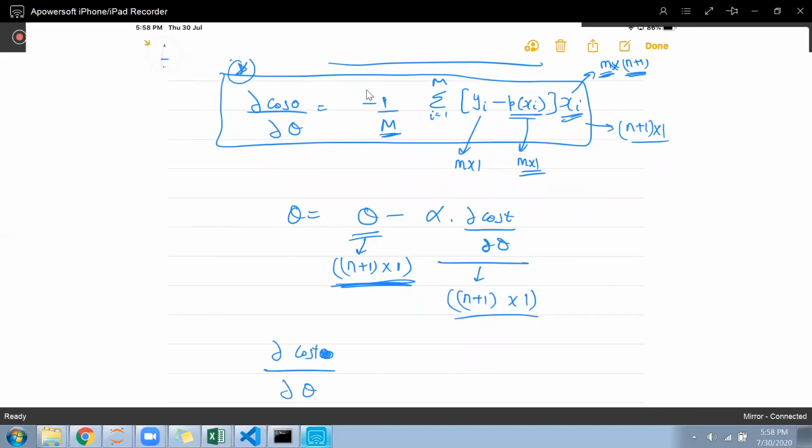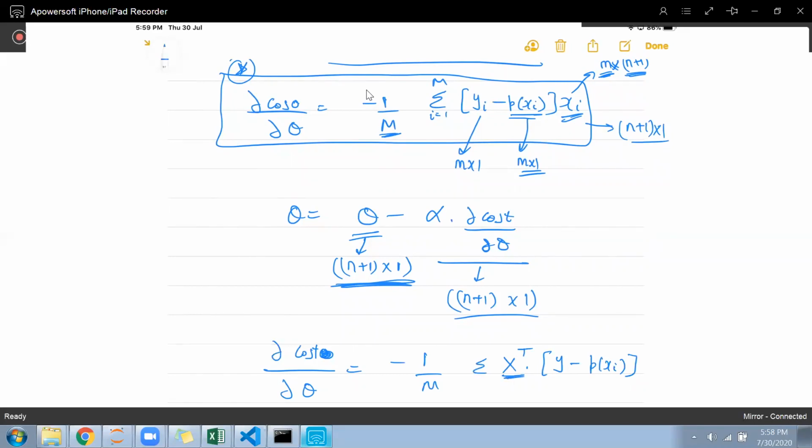Del cost by del theta will be minus 1 upon m. I will write x transpose over here, x transpose into y minus p of xi. Negative 1 upon m, and we can use summation.